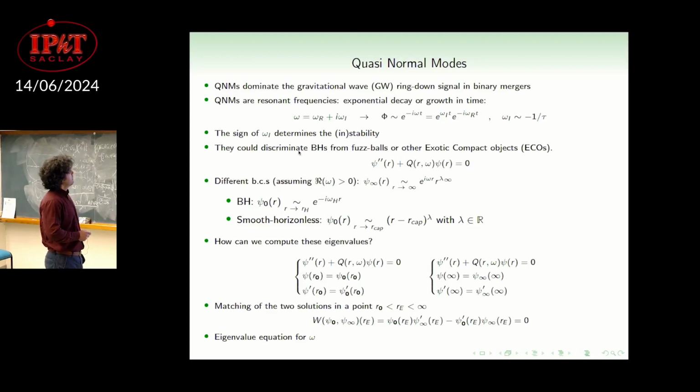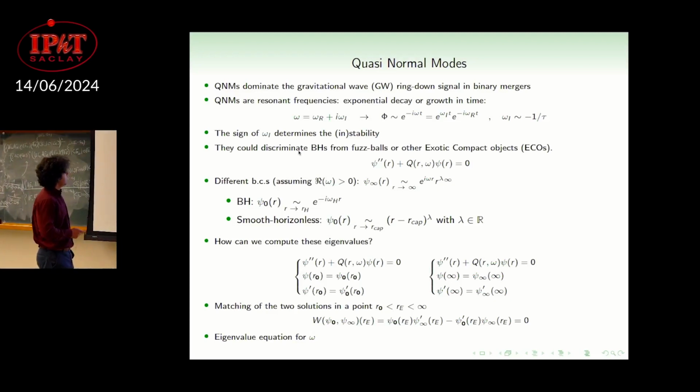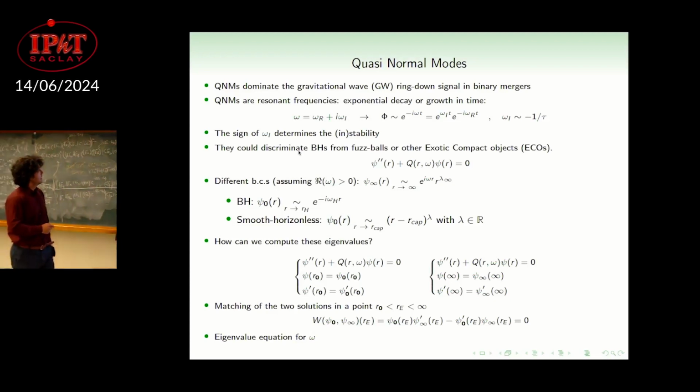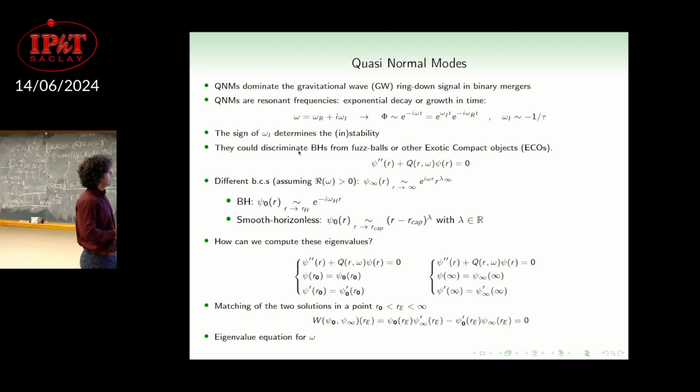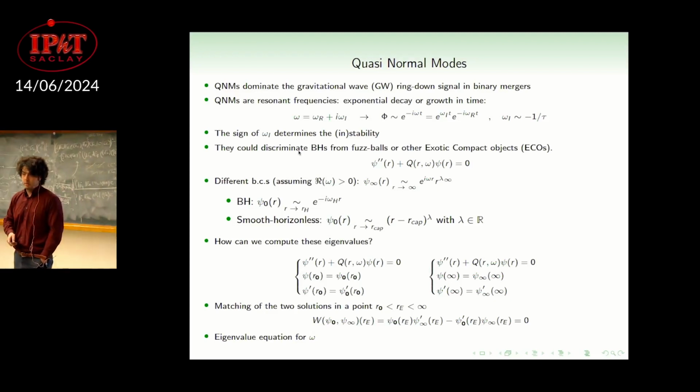Quasi-normal modes are defined in terms of precise boundary conditions. At infinity, you must impose that the wave is purely outgoing.